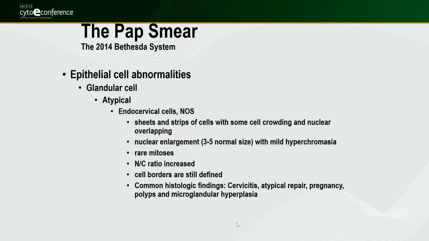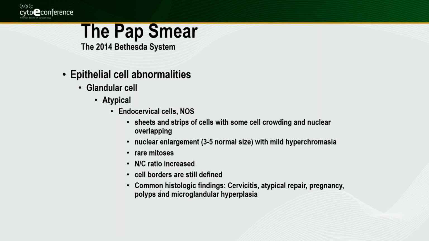This is the criteria listed in the Bethesda book for atypical endocervical cells NOS, the first tier of atypical. This basically re-illustrates what I just listed in the table: some crowding, some nuclear overlapping, some nuclear enlargement with mild hyperchromasia, and increased NC ratio, but cell borders are still defined.